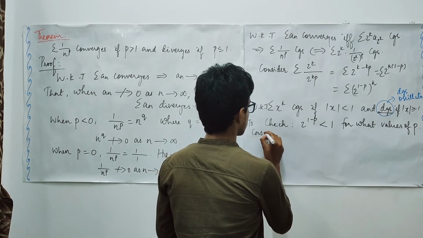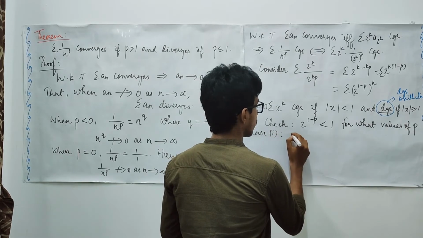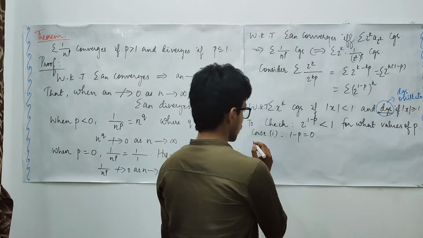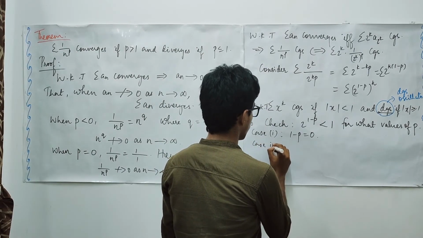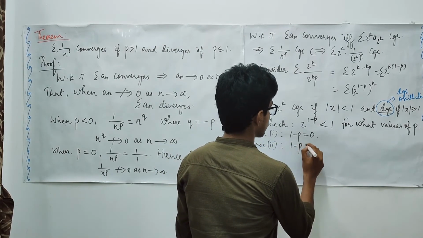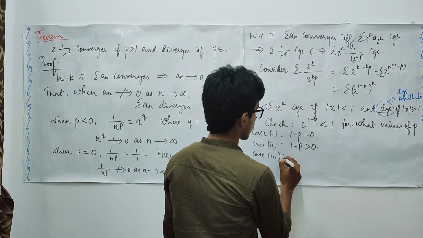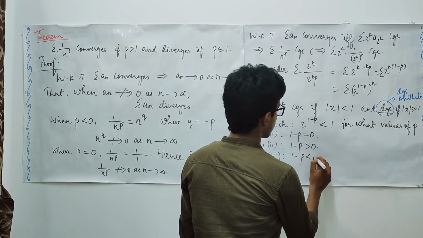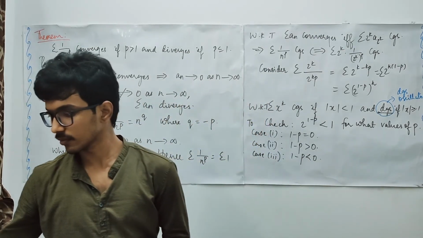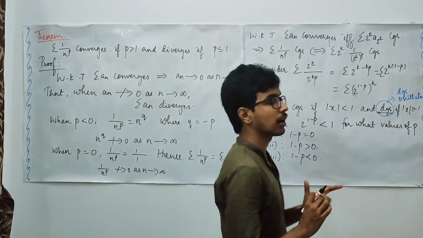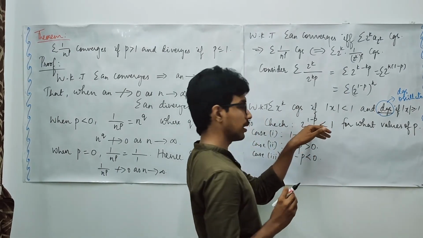Case 1 is going to be 1 minus p is 0. Right? Case 2 is going to be 1 minus p bigger than 0. Case 3 is going to be 1 minus p smaller than 0. Right? We will have to check for what values of p this is going to happen.